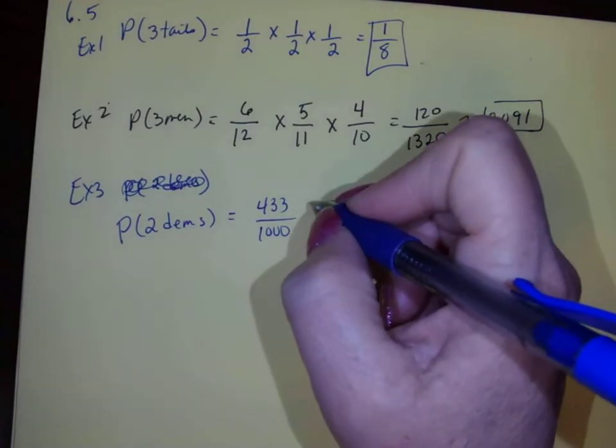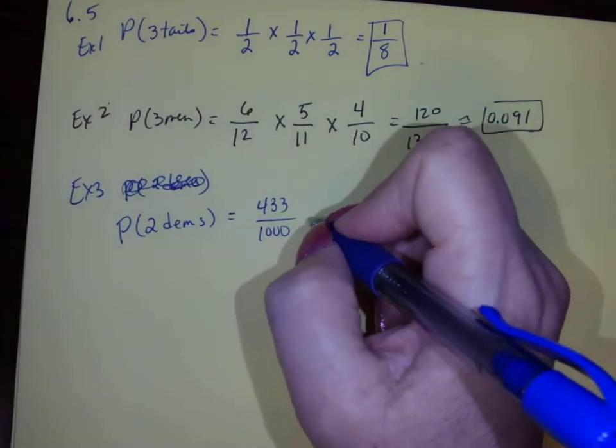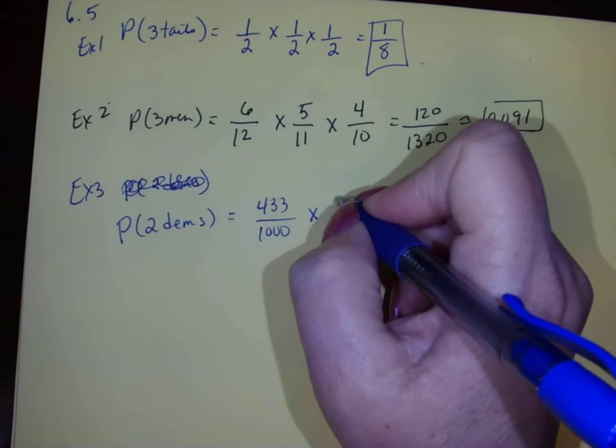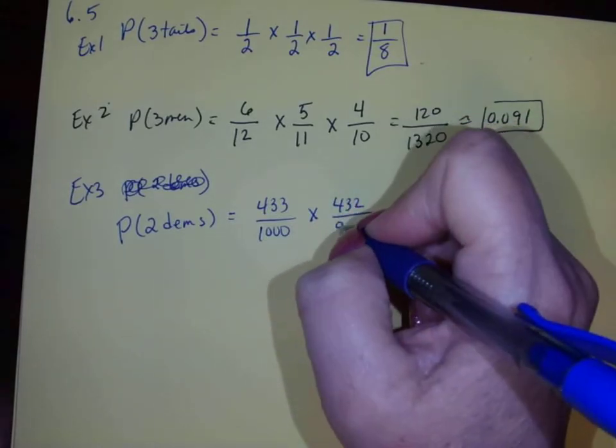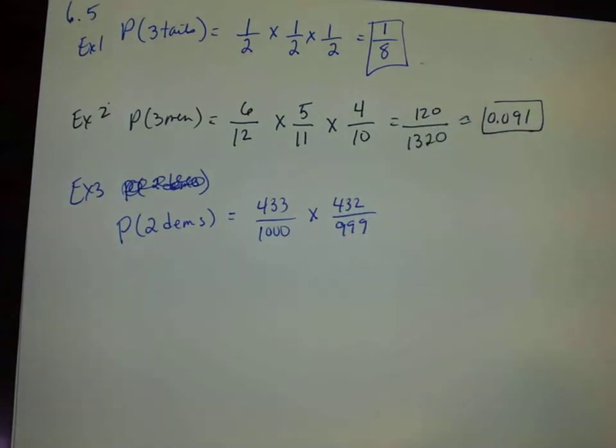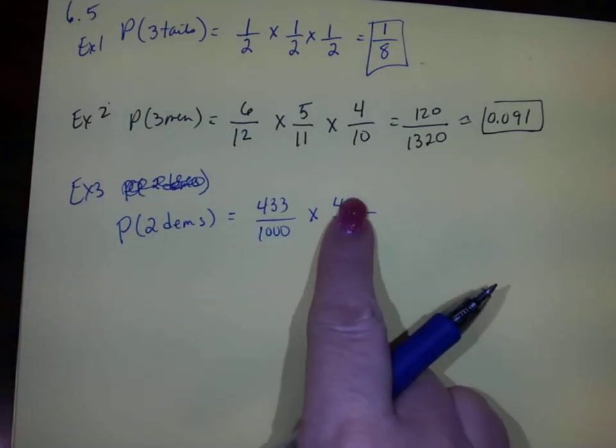And then the second one would be 432 out of 999. Okay? Because it went down by one person and it went down by one Democrat.